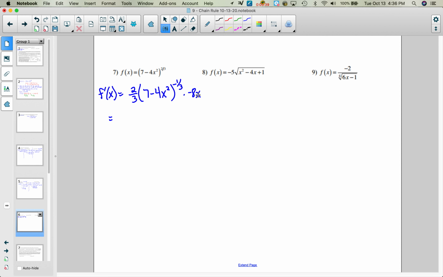So then I can just bring this over here. So we're going to end up with negative 16x over 3. And I'm just going to leave this with a negative power like that.